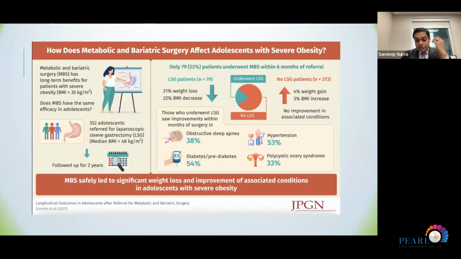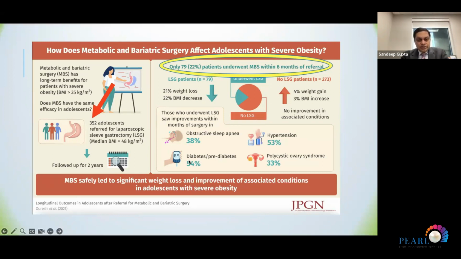This paper in JPGN looked at children or adolescents who were referred for laparoscopic sleeve gastrectomy. 352 children were referred for surgery and underwent follow-up for 2 years. Out of those referred, 79 patients, which is 22%, underwent the surgery within 6 months of referral, which is in green.